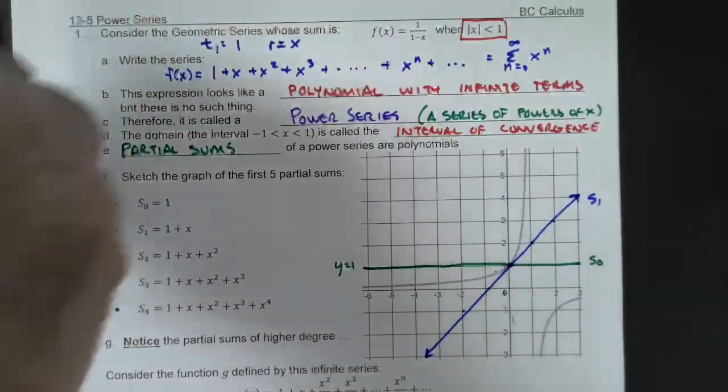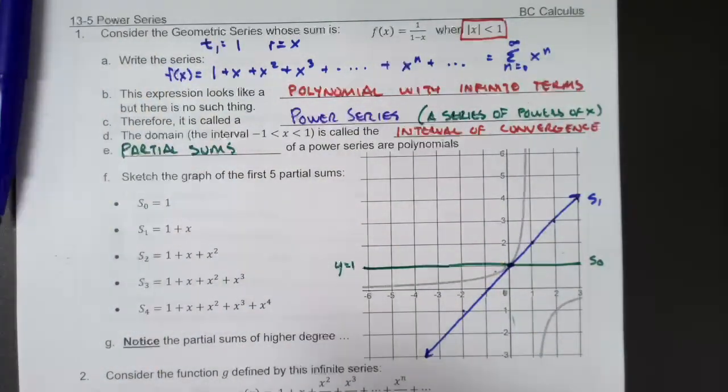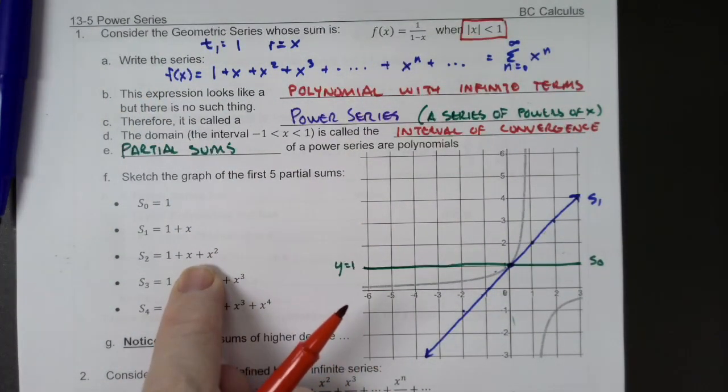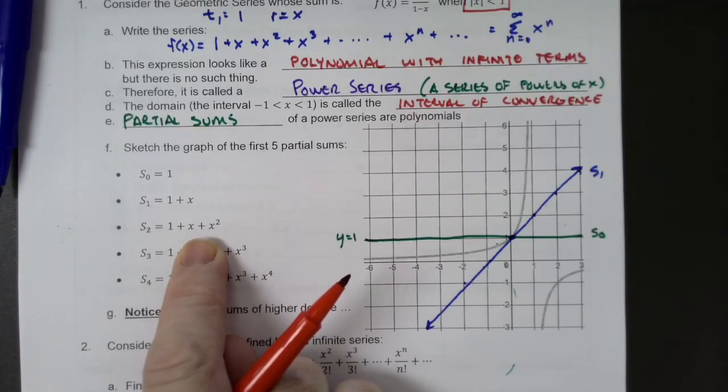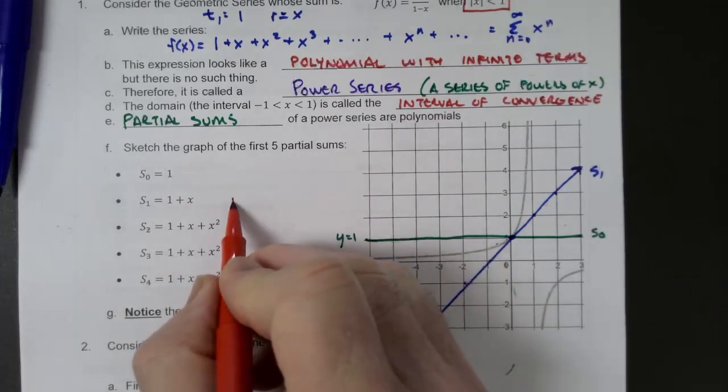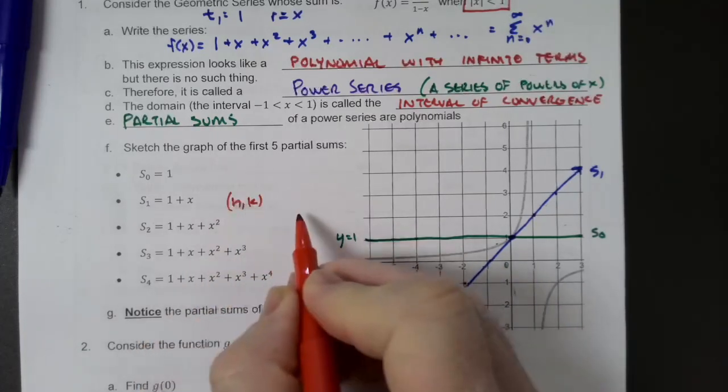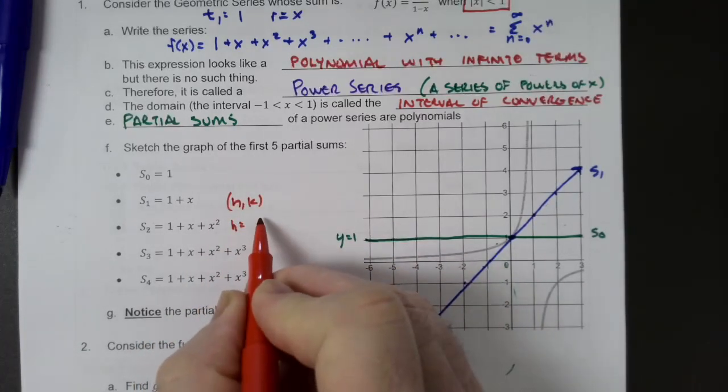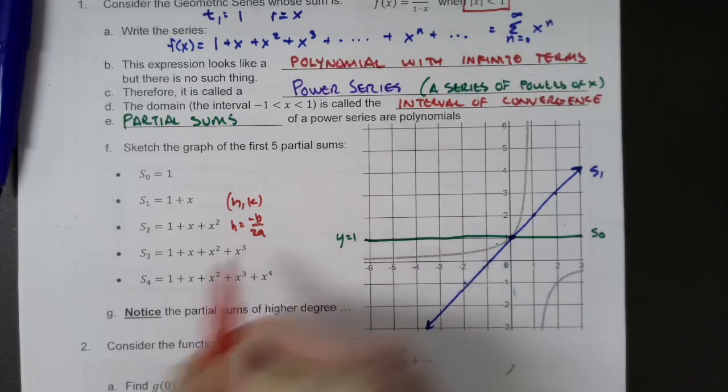And then, if we go to our next partial sum, the s sub 2, this is actually a parabola. And we know with a parabola, we can find the vertex by doing hk, and h is always the opposite of b divided by 2a.